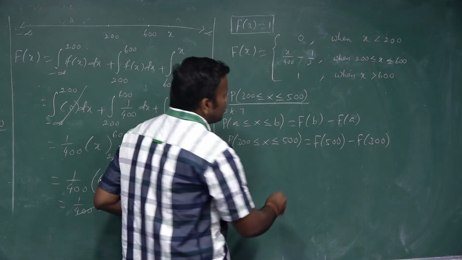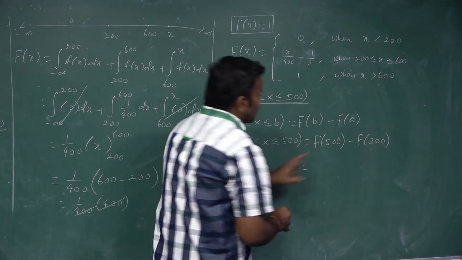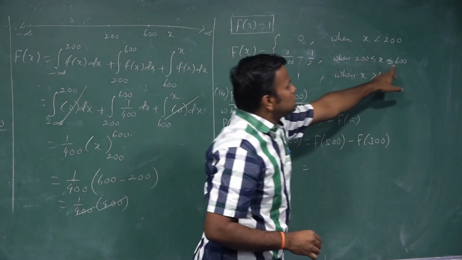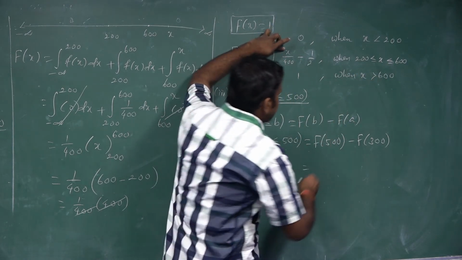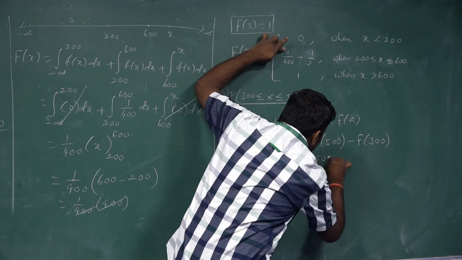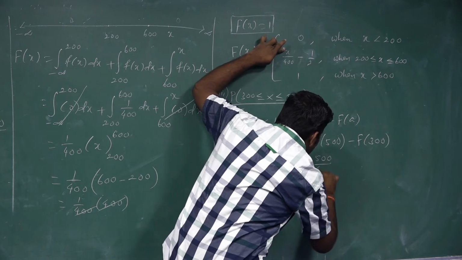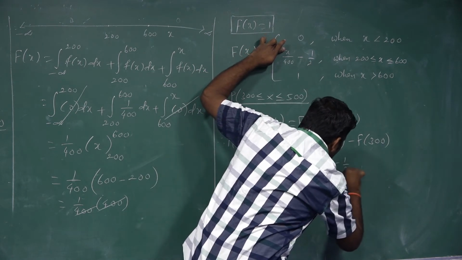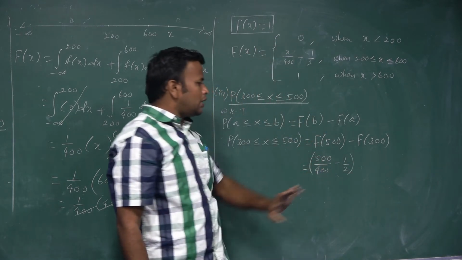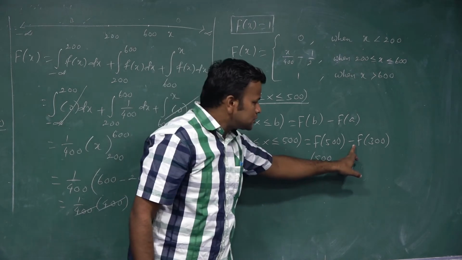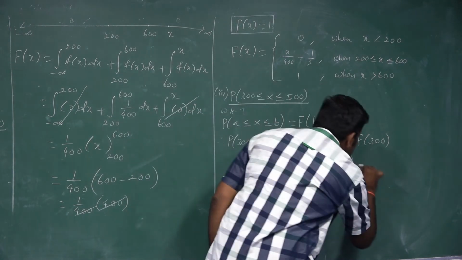So 500 lies in this interval. Exactly, the value of X is 500, so we replace X by 500. So 500 by 400 minus 1 by 2. So that is the F of 500 value. Next symbol is minus.